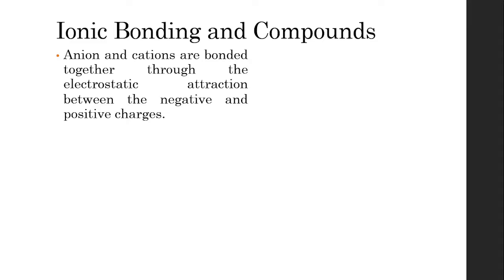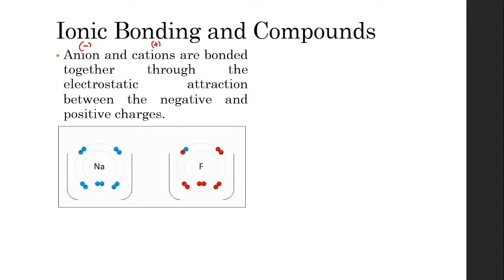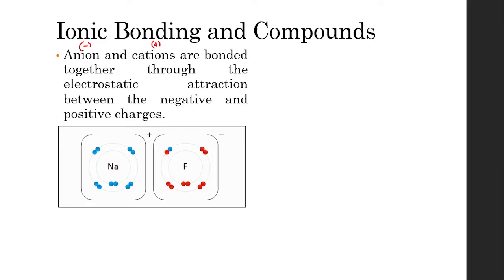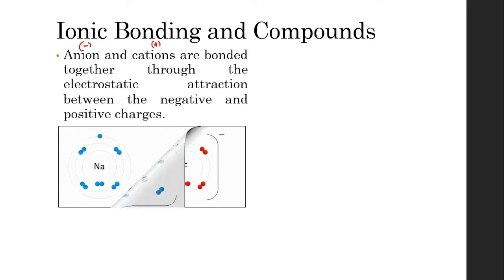So an anion, which is a negatively charged ion, and a cation, which is a positively charged ion, I hope you guys don't forget that, are bonded together through what we call the electrostatic attraction. Electrostatic attraction is the attraction between the negative and the positive charges. So this is, for example, an attraction between sodium and fluorine.